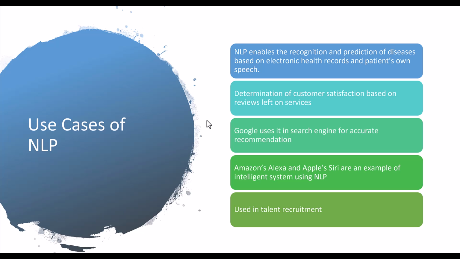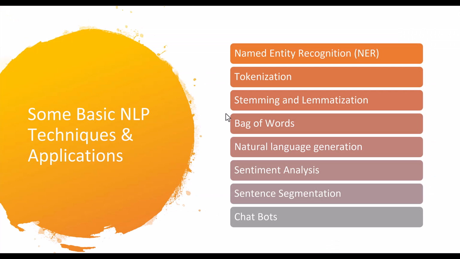In industry, HR also uses CV parsing and resume parsing techniques to find the best match for the candidate as per the job description. So these techniques are used as NLP applications.